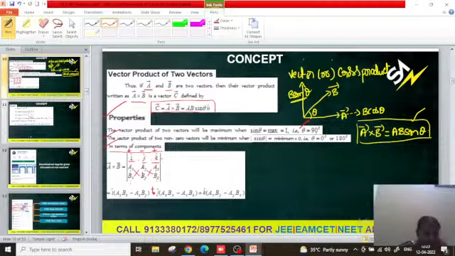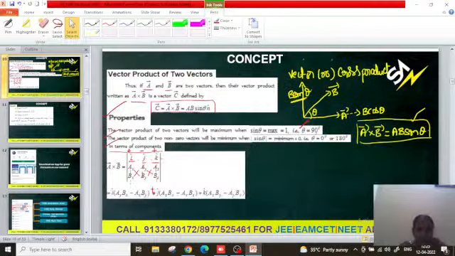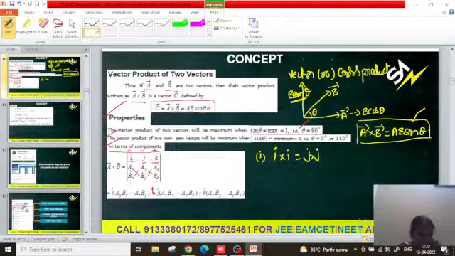And let me give a few more points here. In case of unit vectors, that means i, j, k are the unit vectors, if we take i cross i or j cross j or k cross k, their product will be 0, because these two are parallel to each other.